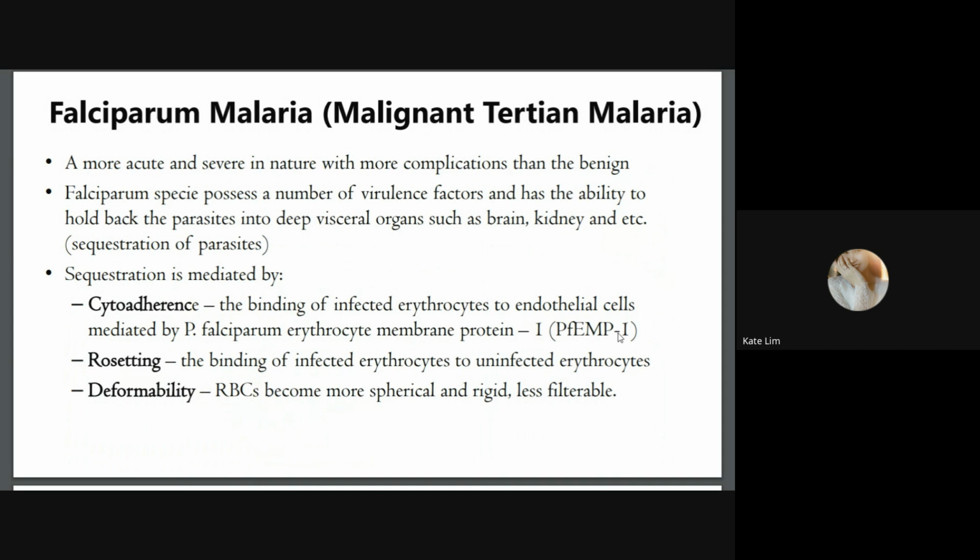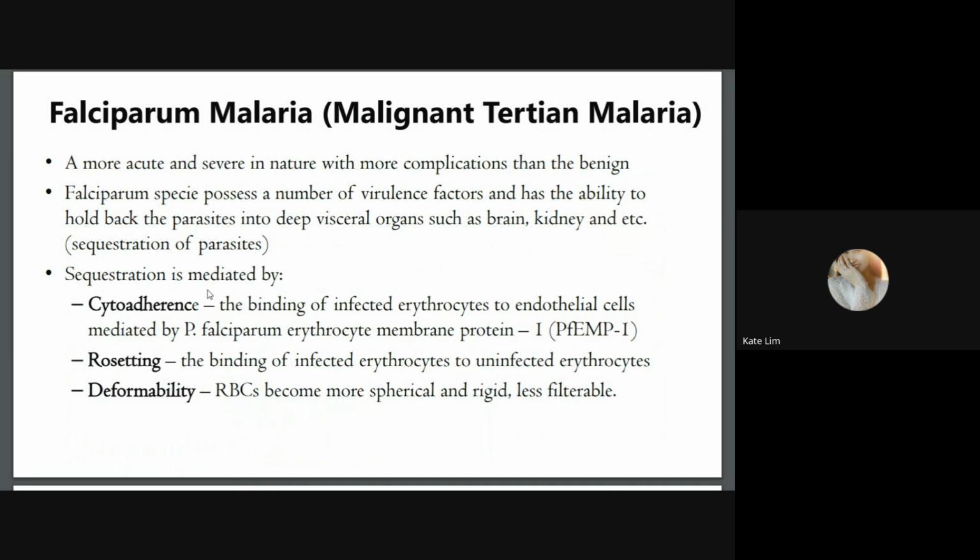Rosetting is when the infected RBCs bind to uninfected RBCs. This forms a rosette of cells. So just imagine a rosette. I don't know how to draw. One infected RBC would stick to another uninfected RBC.